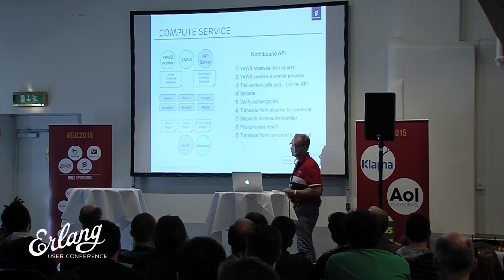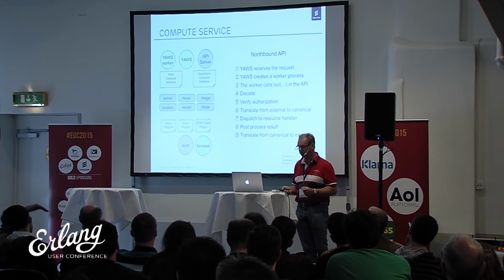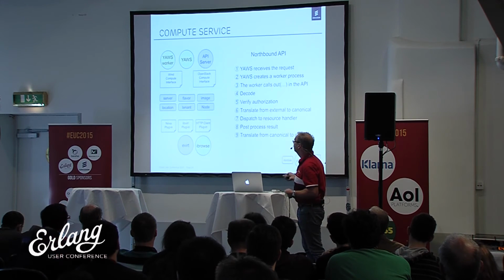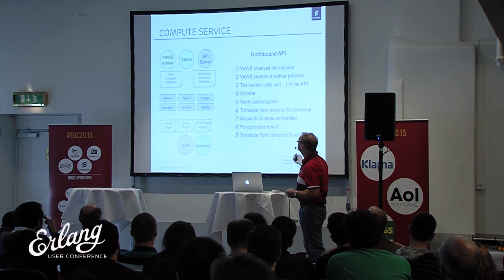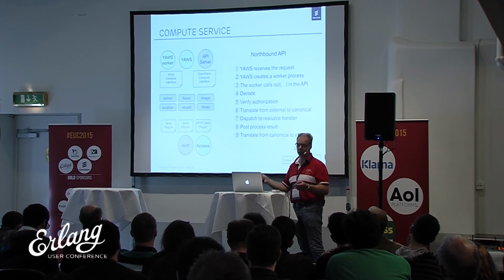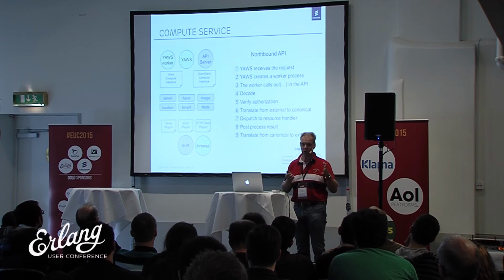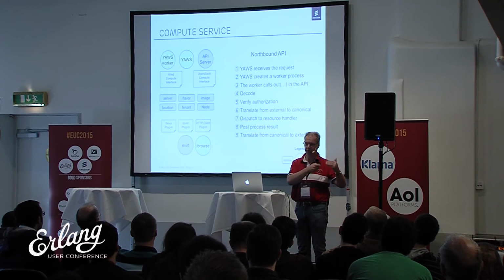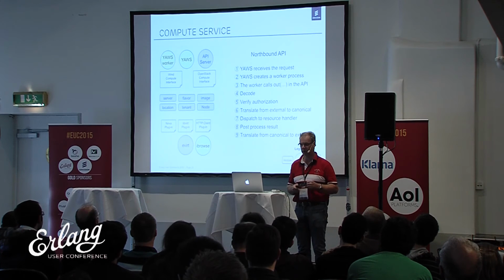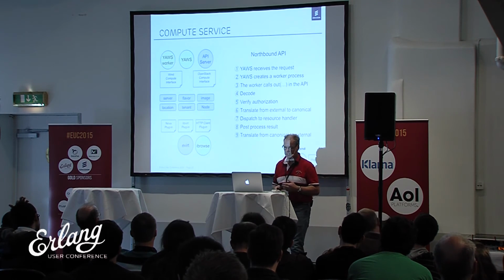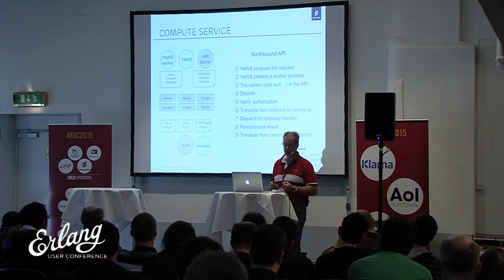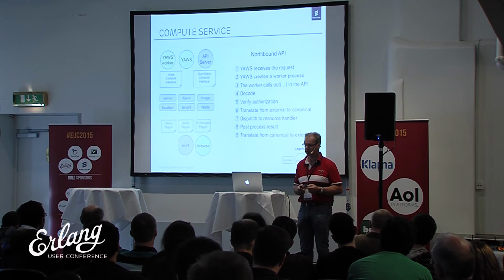What happens when you get a request from the tenant is that Yaws will receive it and create a new worker. For the different Northbound APIs, requests come in on different ports, and it will then invoke the right interface for that API.